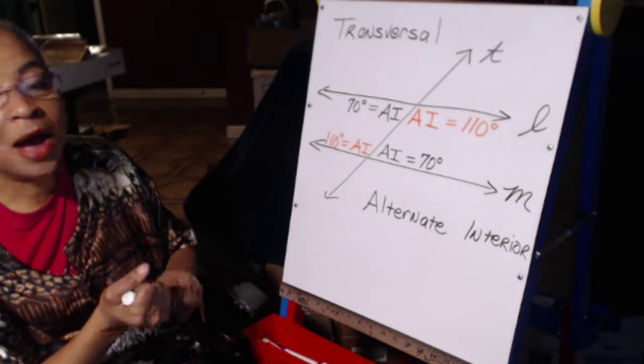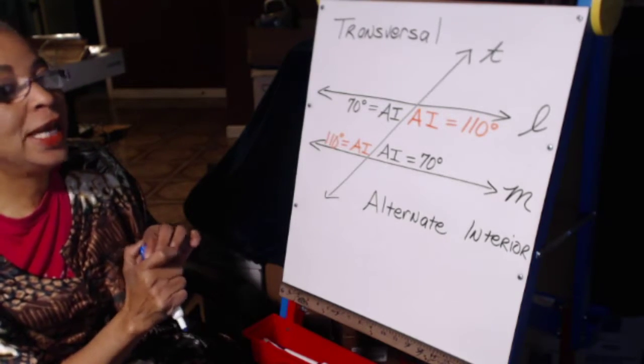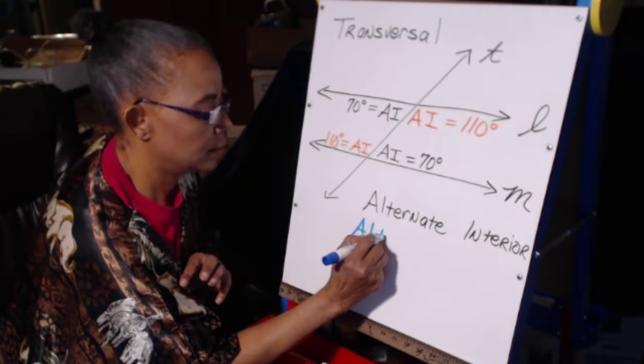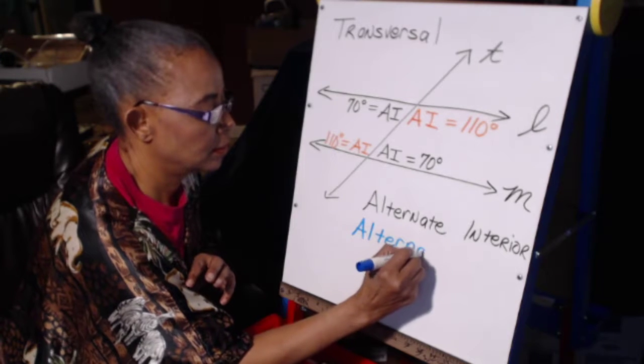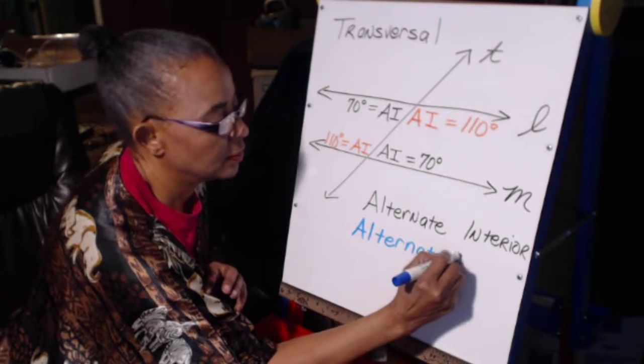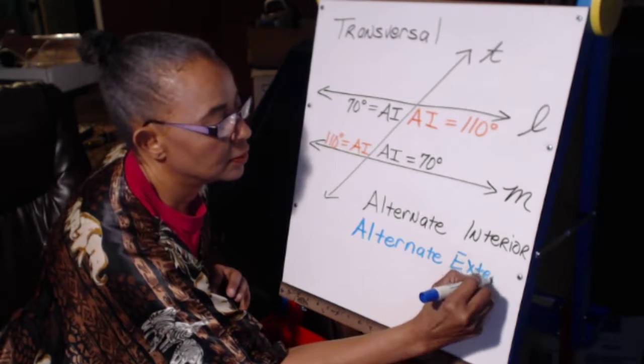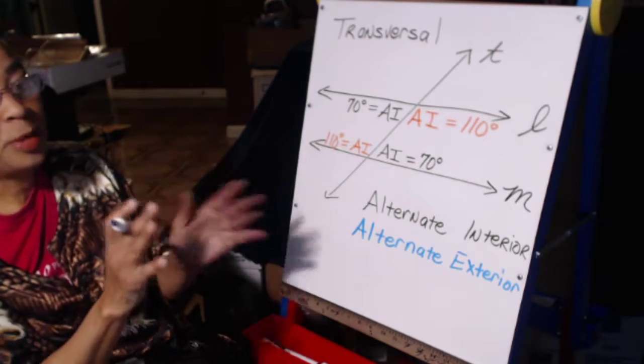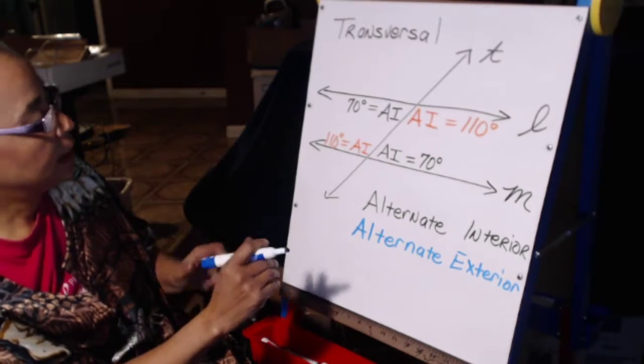So now let's look at alternate exterior angles. Now alternate, remember, it means it's not adjacent.